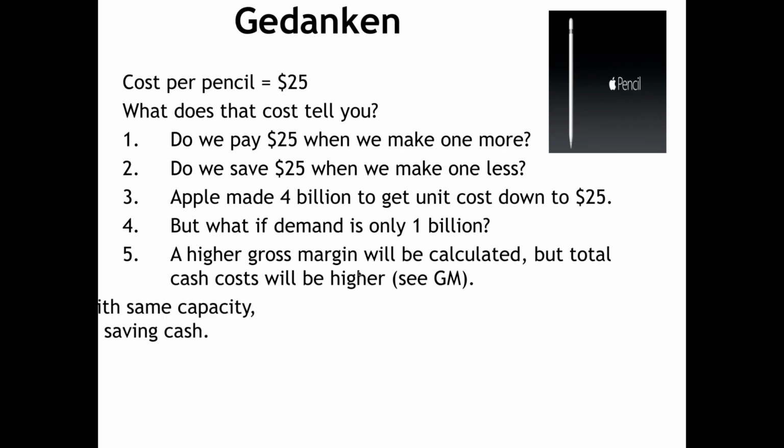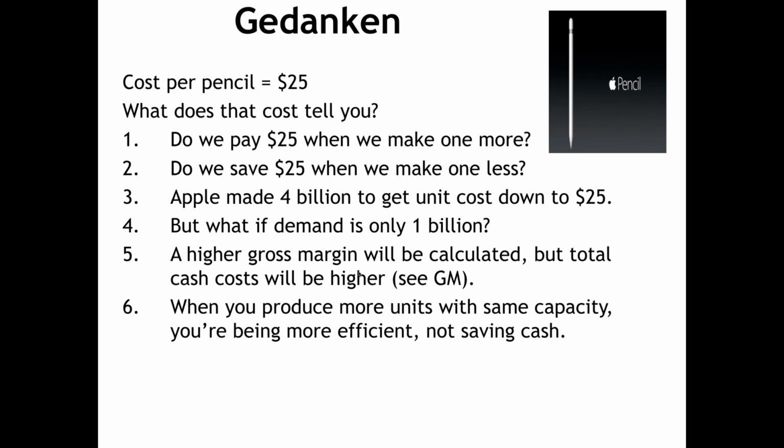This idea that economies of scale, when you produce more units with the same capacity, yes, you're being more efficient, but you're not necessarily saving cash. Just stop and think about this for a minute. Cost accounting leads you to believe that if we make 5 million cars, say over a million, that our unit cost per car is less because of economies of scale, because of spreading fixed costs over a larger volume. Okay.